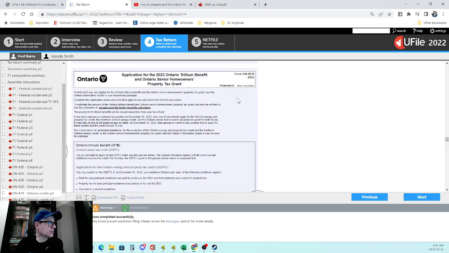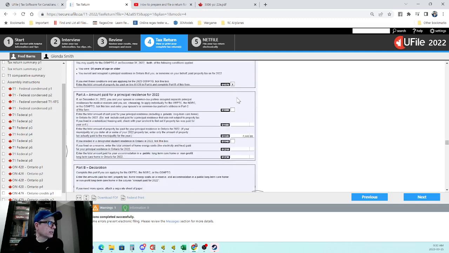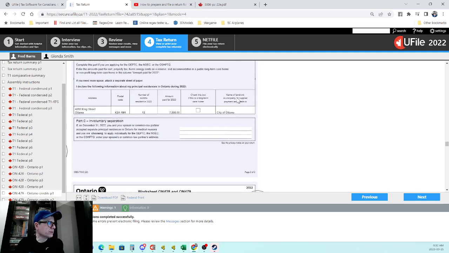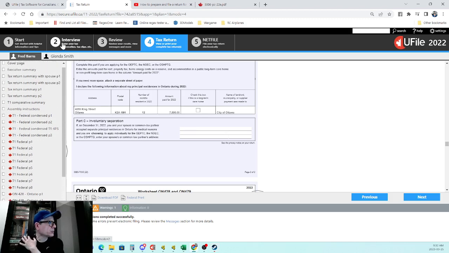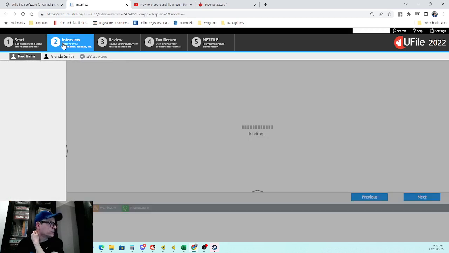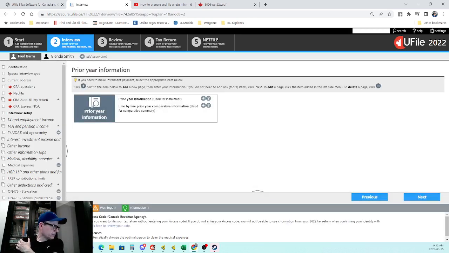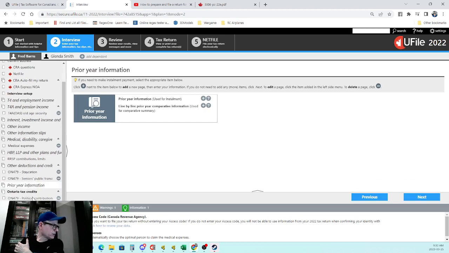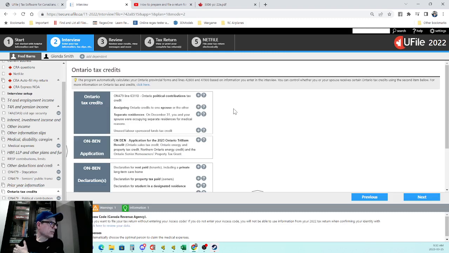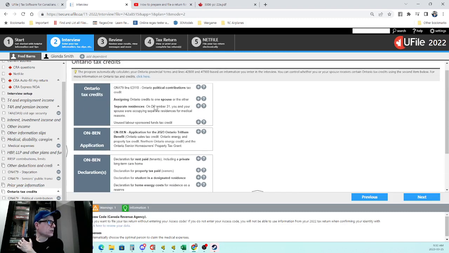And here's the Ontario Seniors Property Tax Credit. And that reminds me of a little page that I forgot to mention as to how I completed it. And that's pretty simple. If we go into Fred Barnes' interview, what we do is go to Ontario Tax Credits, click on ON Ben right here, boom.